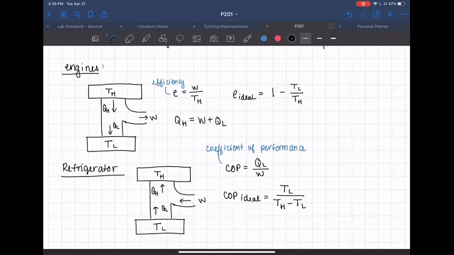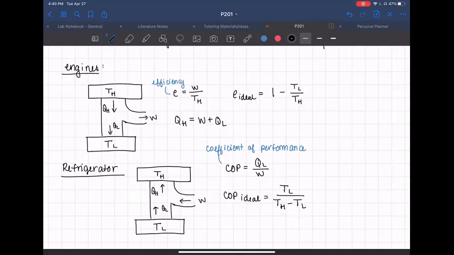So for engines, I don't know why, I always need to have a picture of what's happening. So maybe I'm just not mechanically inclined. Anybody who is, you could ignore me. So you have basically your heat bath.